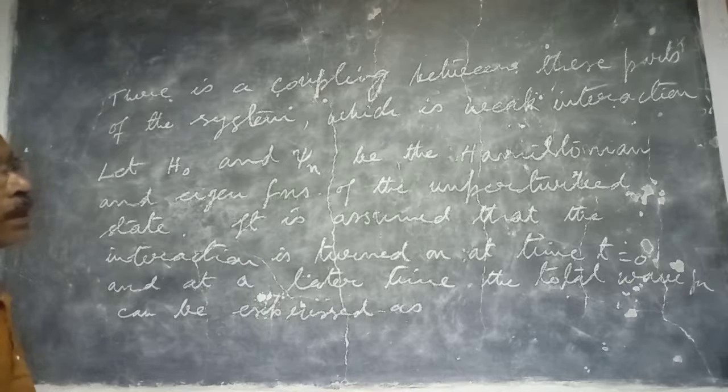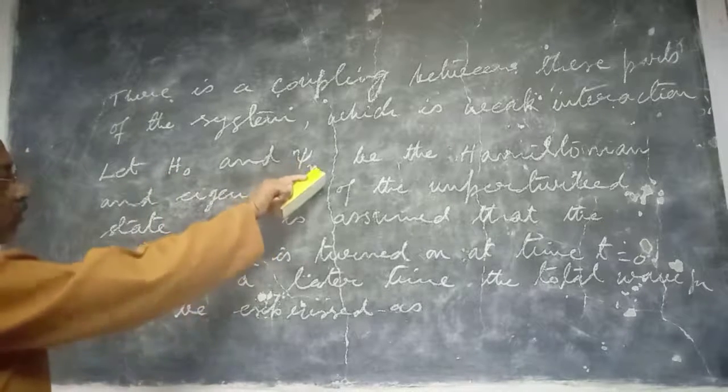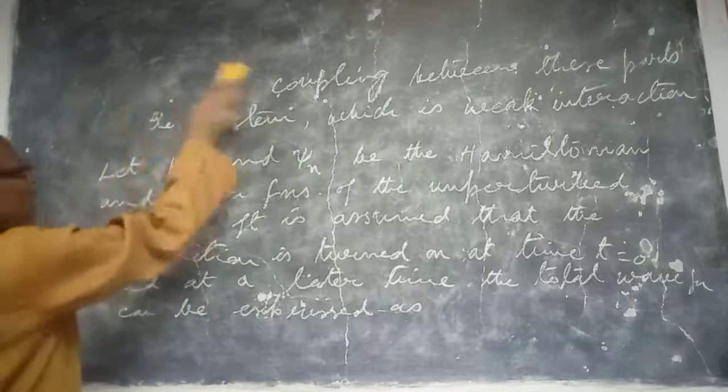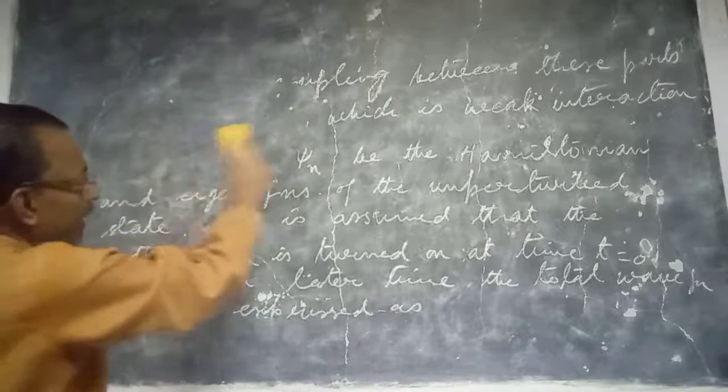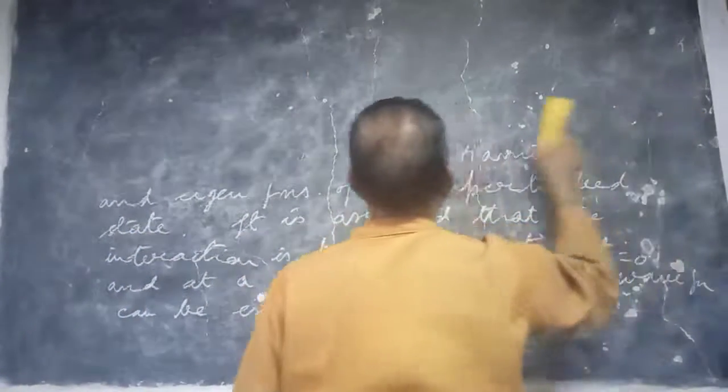When the perturbation is turned on, the system will go to some final accessible states, so the total wave function of the system can be written in terms of the unperturbed eigenfunctions psi n, as is done in perturbation theory.